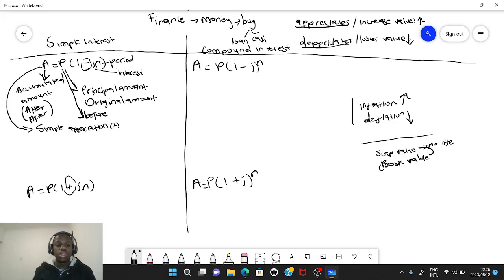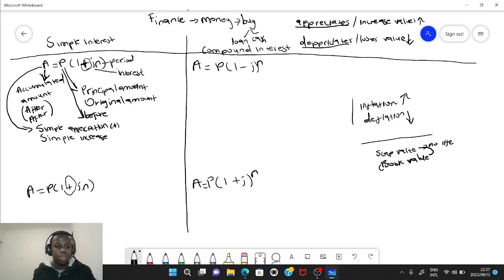It is known as simple appreciation or simple increase. Why are we saying simple increase? Sorry, these are for the one with the plus sign. This equation will correspond with the plus sign because we're speaking about an increase in value.